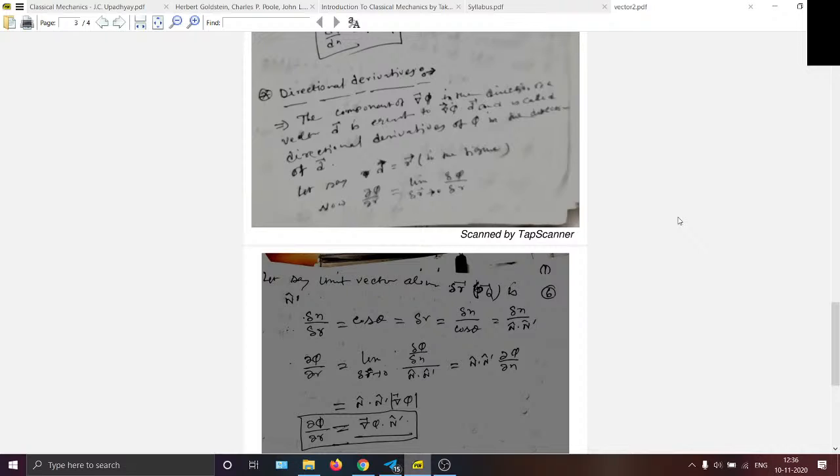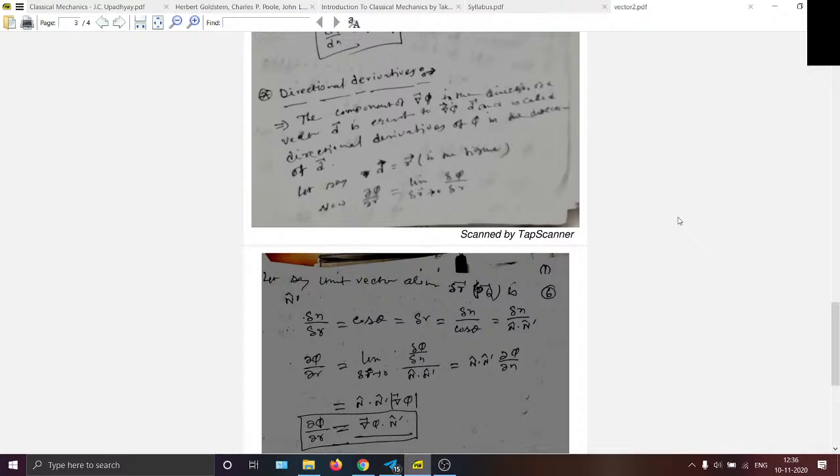That is the directional component of f along the x-axis. It is the same thing here: the directional derivative of your function phi, or scalar field phi, along some particular direction.